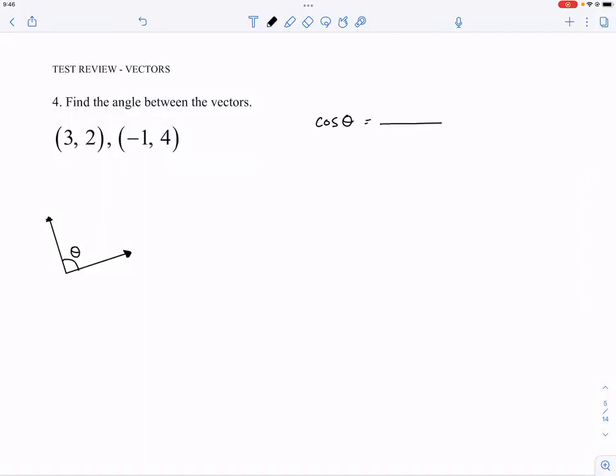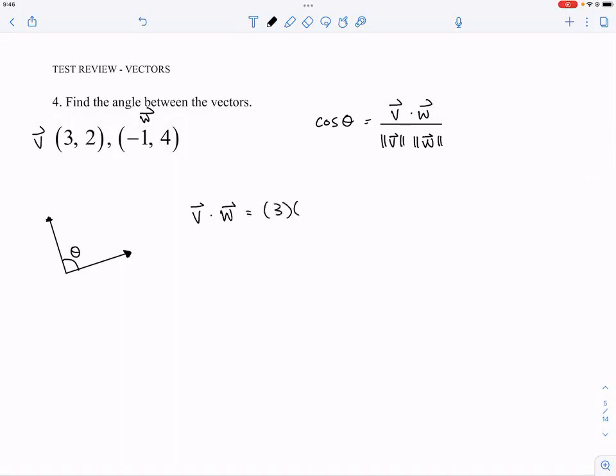Cosine theta is V dot W over the magnitudes of those two vectors multiplied together. Let's call this the V vector and this the W vector. So what is V dot W?